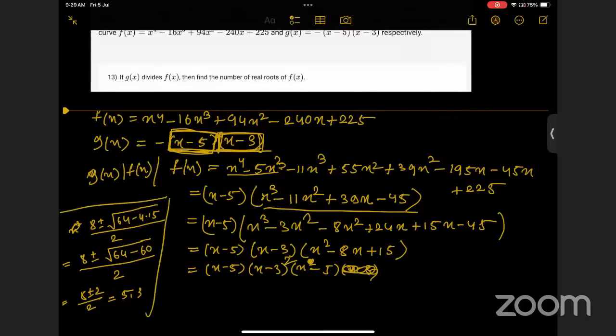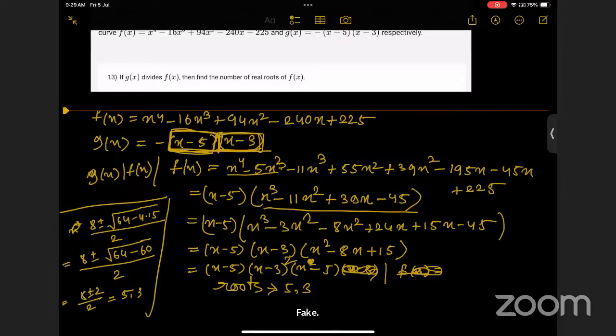So from here, you can find that the roots of f are 5 and 3, right? Roots are 5 or 3.